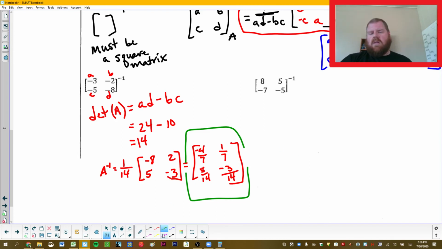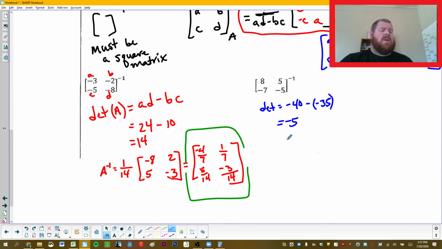Okay, let's do this other problem. Let's find the inverse of this one. So again, I can start off with my determinant. Multiply these two, -40, minus the product of these two, -35. -40 minus -35 is -5.